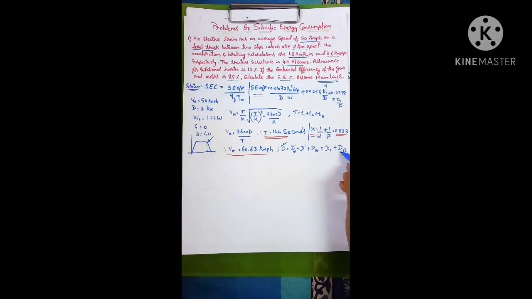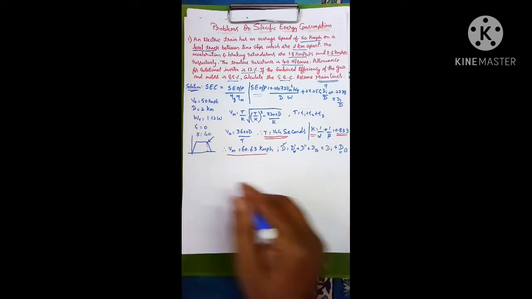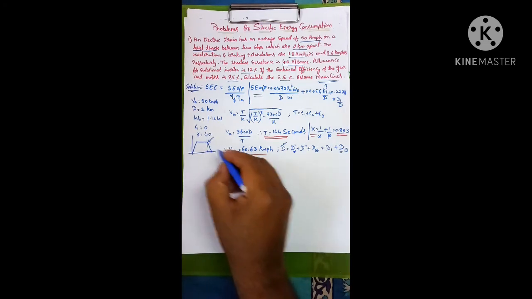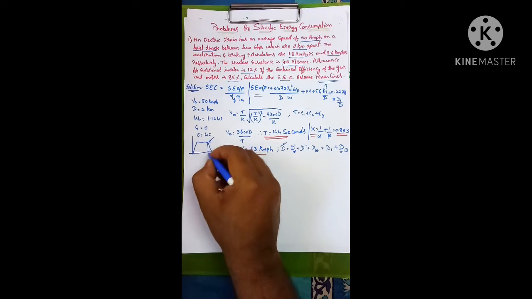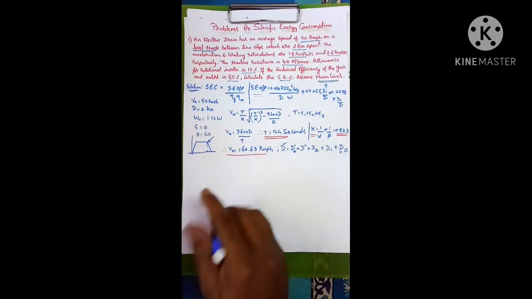So let me find the braking distance, that is, after applying the brake, the distance traveled by the train. Use this triangle and find its area, which will give you the distance, right?